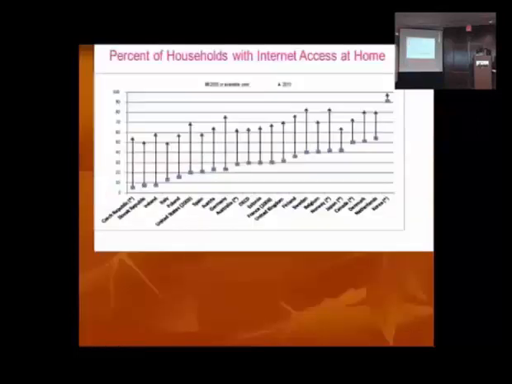In the next slide, you can see this a little more dramatically. This is percentage of households in countries that have internet access at home in 2005 and 2013, and the U.S. is down here. Okay, so we're not doing all that well.